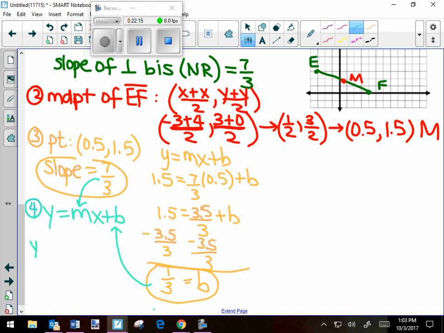So y equals 7/3 x plus 1/3. I connect those two to make my perpendicular bisector. The equation of that perpendicular bisector is y equals 7/3 x plus 1/3. Not very nice numbers. If you have your calculator, though, you should be able to work your way through that.